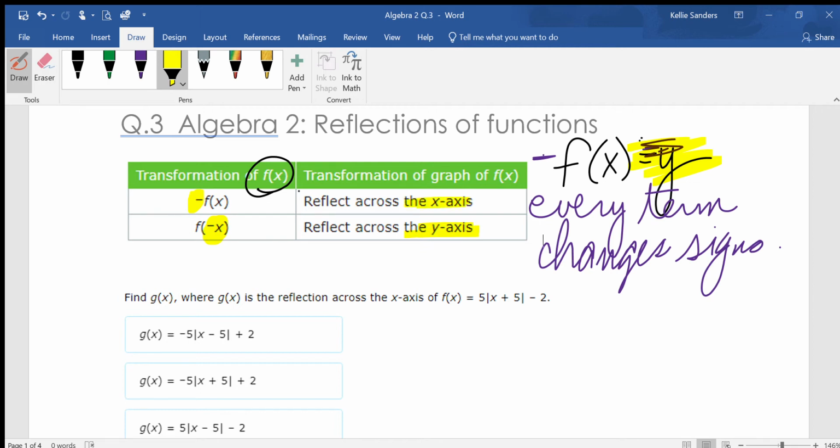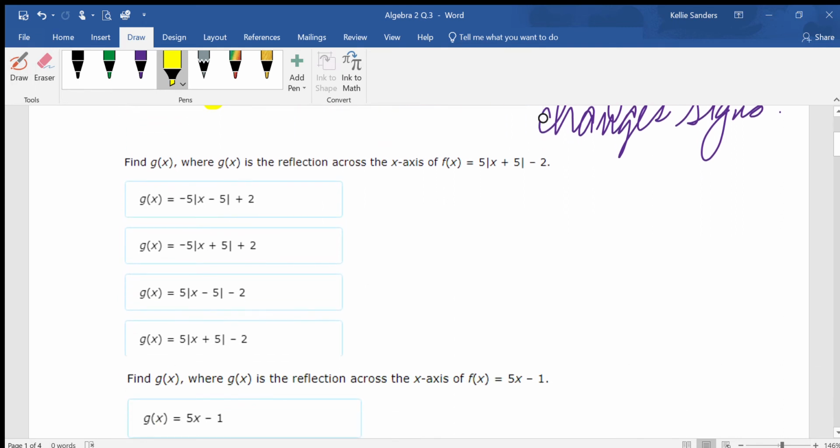It's kind of opposite. If y changes, then it's a reflection about the x. If x changes, then it's a reflection about the y. Okay, let's get started. Alright, so find g of x, where g of x is a reflection about the x.